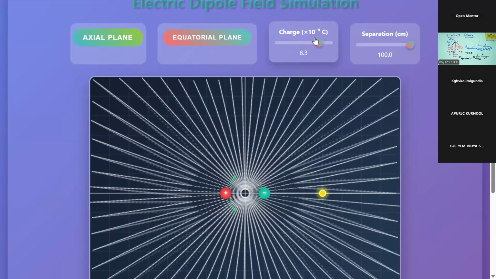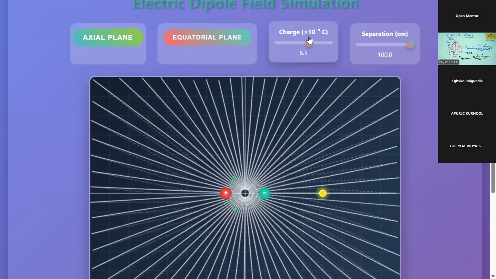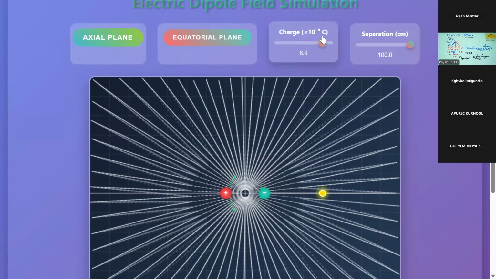We can choose the value of the charge, 5.3, 5.6. In that case, you can see the lines changing, because these lines denote the strength of the field due to that point charge. If we increase the value, you can see denser lines.